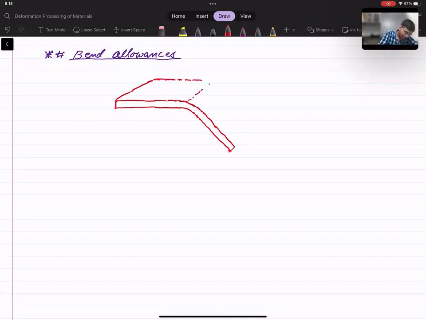This line will extend to this point. So we can see that it has been bent.